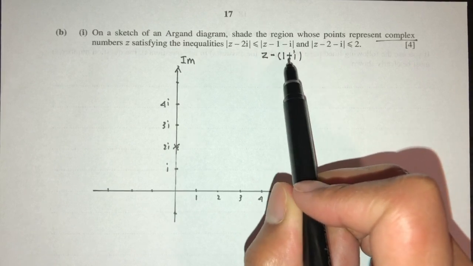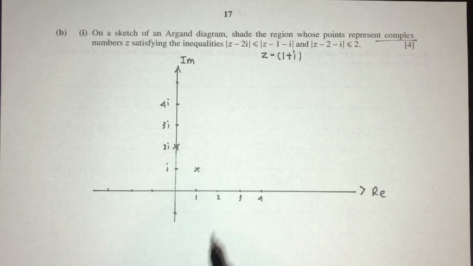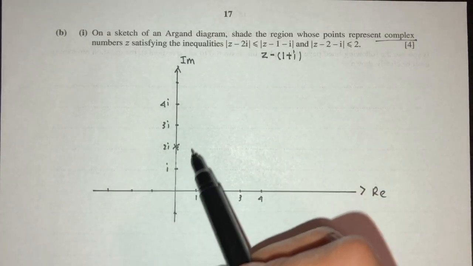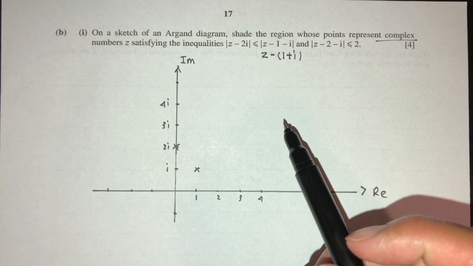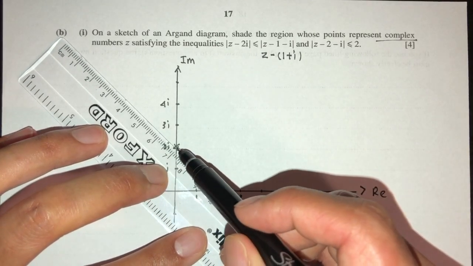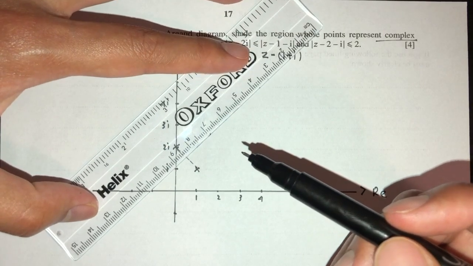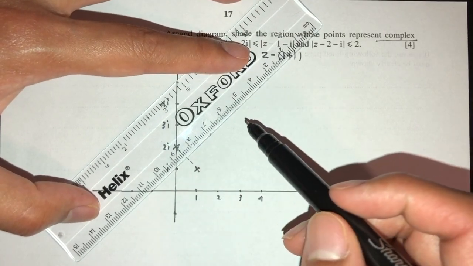So 1 plus i will be right here. You have to find the perpendicular bisector of these two, so let's draw a line joining those two. What is the perpendicular bisector that goes through this line?